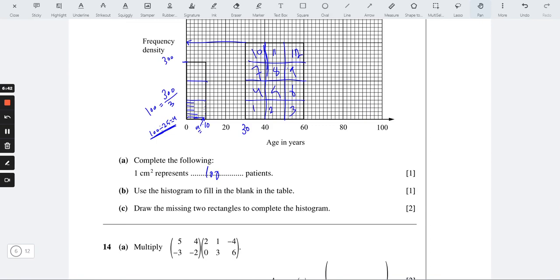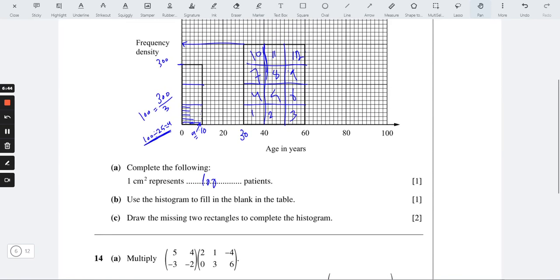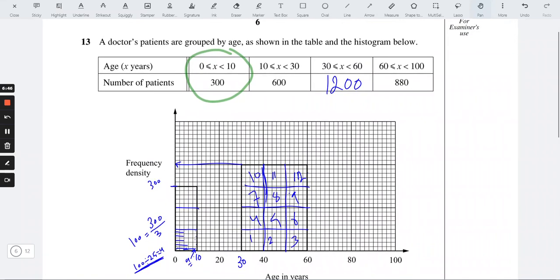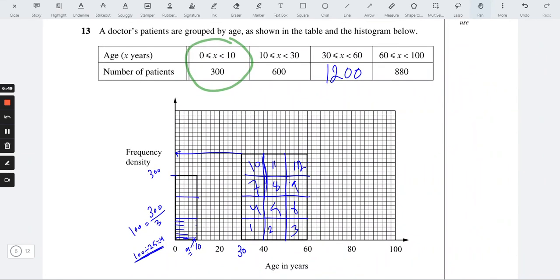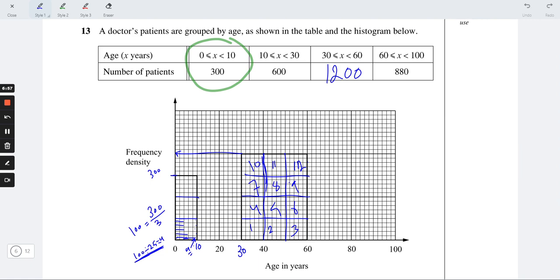Next, draw the missing 2 rectangles to complete the histogram. 2 missing, 1200 is already here. 10 to 30, 600. 600 will be here. 1, 2, 3, 4, 5, 6, 7, 8.